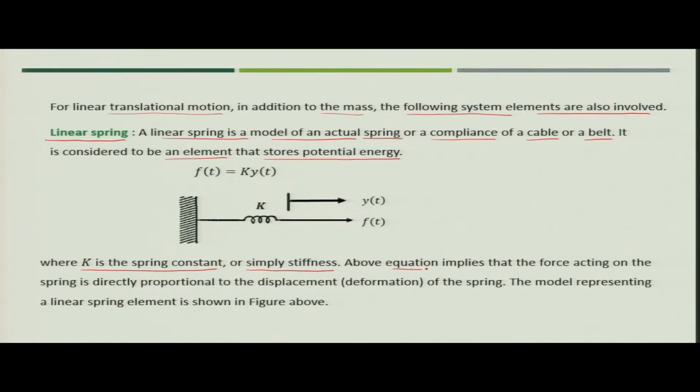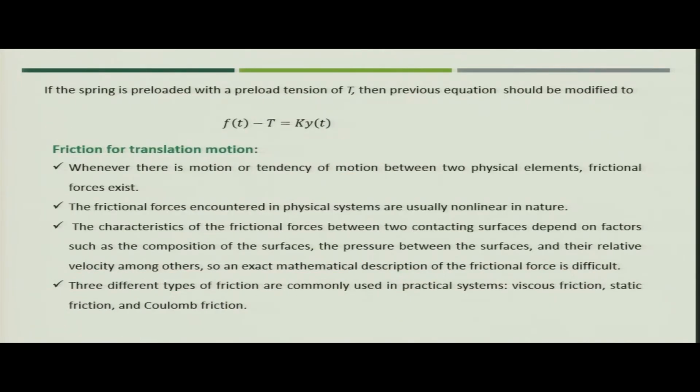This equation implies that the force acting on the spring is directly proportional to the displacement, or we can say the deformation of the spring. The model representing a linear spring element is shown in the figure above. Now, if the spring is preloaded with some tension T, then you can modify the previous equation by introducing the tension T as F(t) minus T equal to k into y(t).